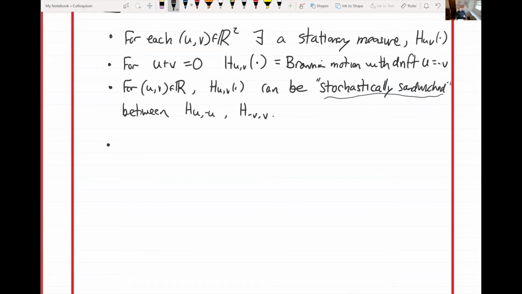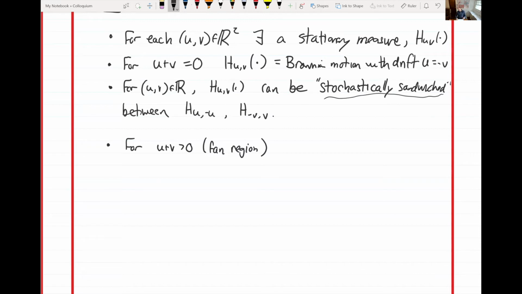The final point, which is actually the most important and the hardest, is that we can actually identify what the stationary measure is, provided that U plus V is bigger than 0. Well, when U plus V equals 0, we also have a description. But this is in physics what's called the fan region. It has to do with the rarefaction fan one sees in something like the Burgers equation.